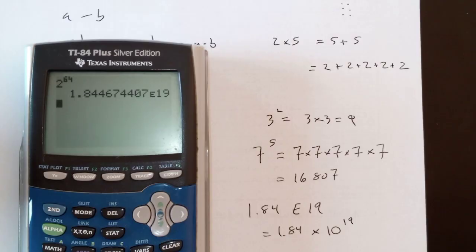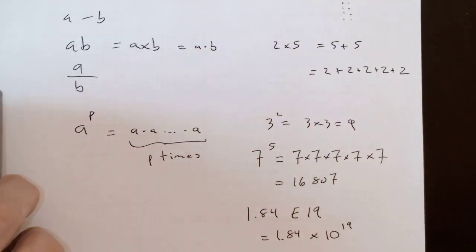Because I said 184 and then 17 more. So a total of 19 from where the dot is. I have to move it over 19 times. I moved it over 184. Just gave up on the rest of the numbers. Or is that not the 17 you meant?